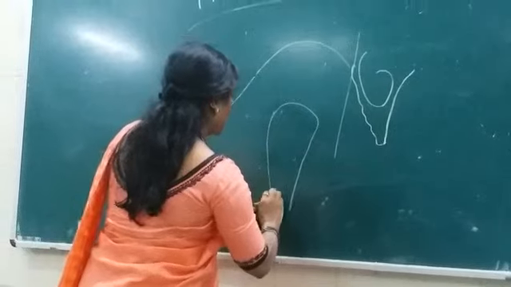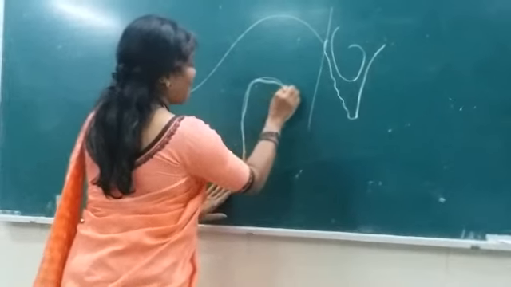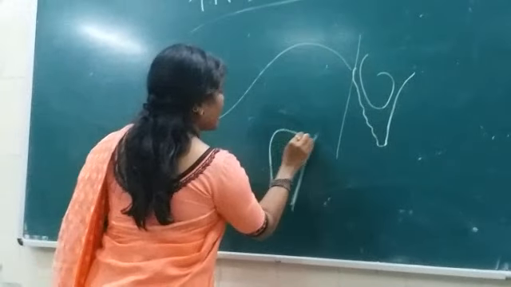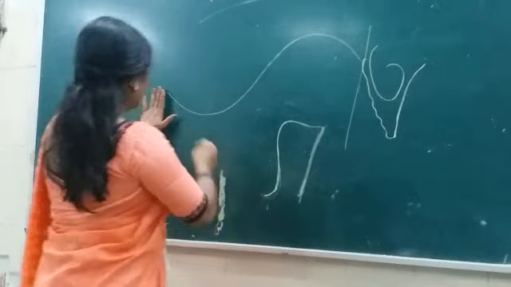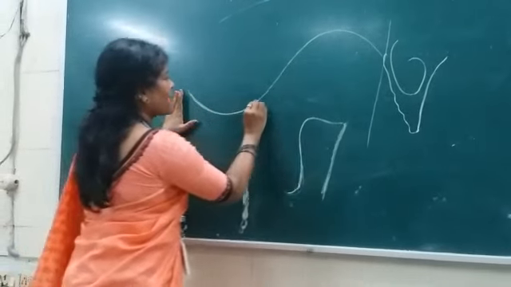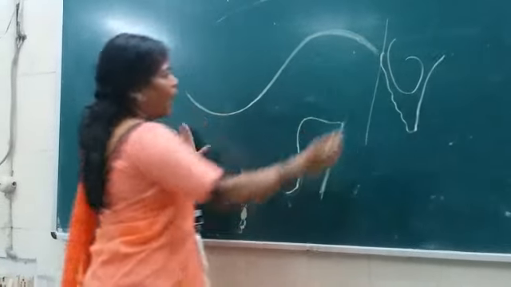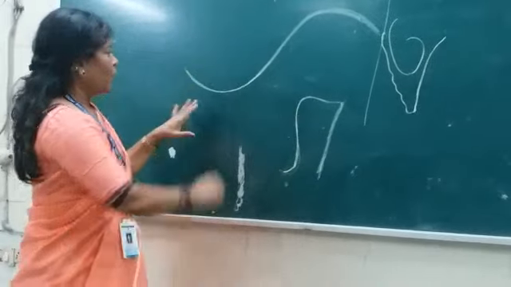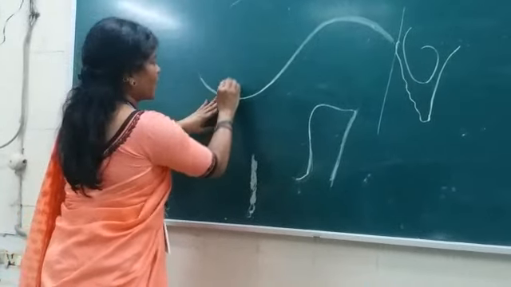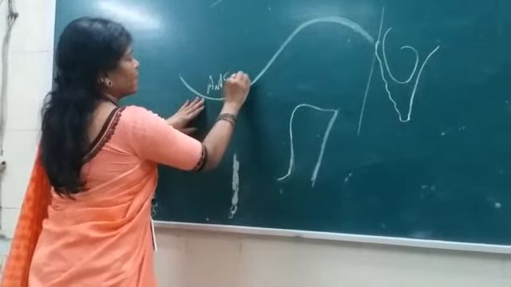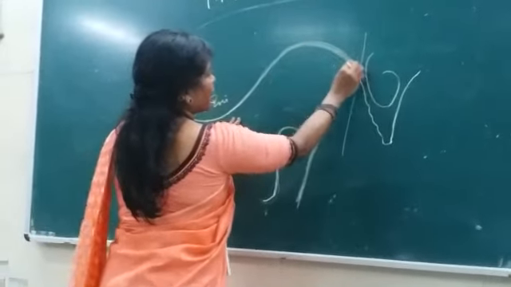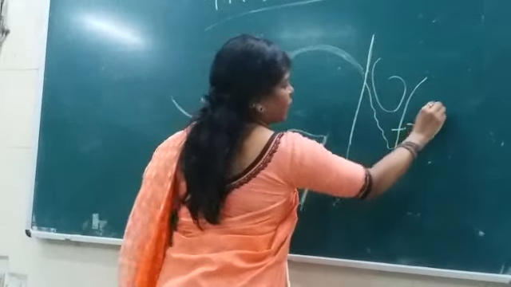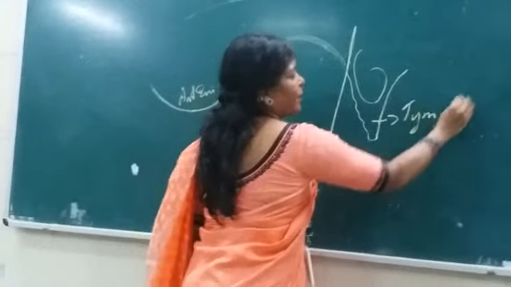Suppose this is the head of the mandible here, and here is the upper articular area provided by the cranium. What is that? Here it is the articular eminence. Here is the mandibular fossa, which forms part of it, and here is the tympanic plate posteriorly.